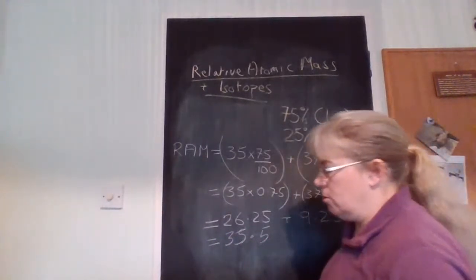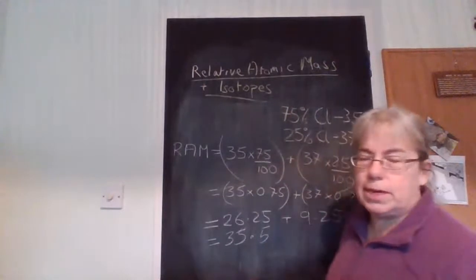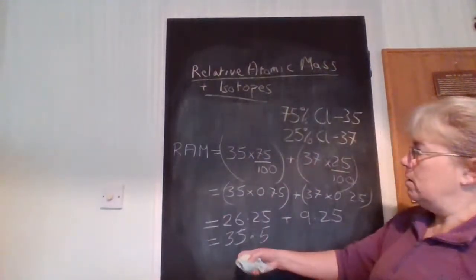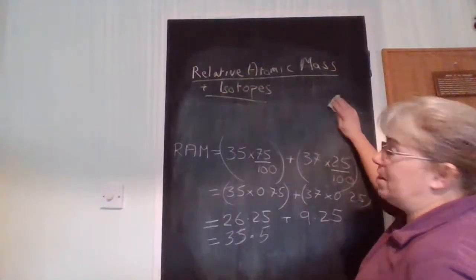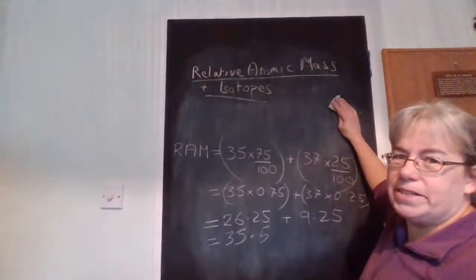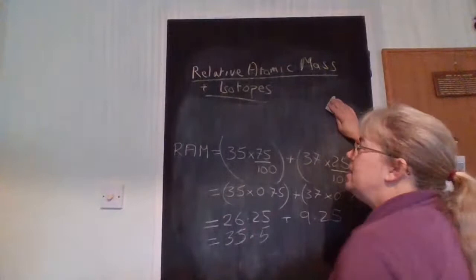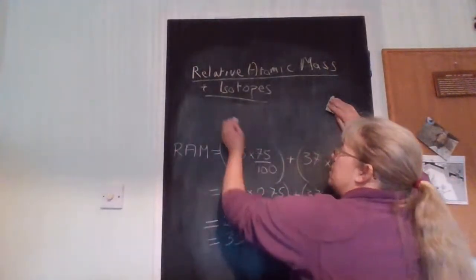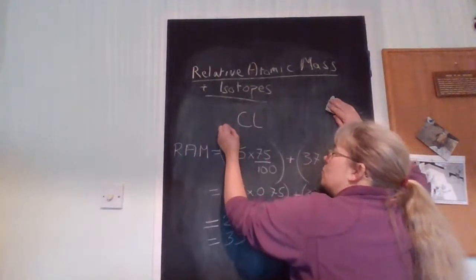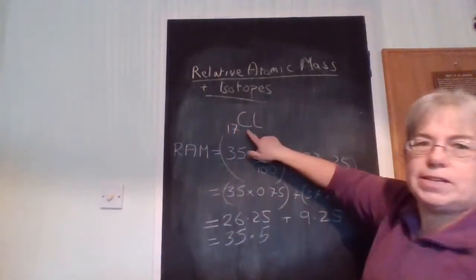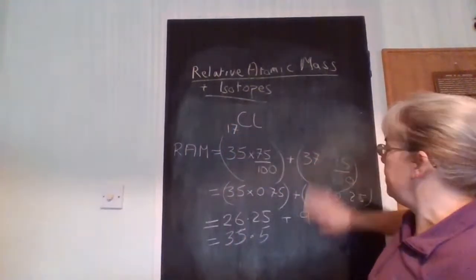And if you look on a modern periodic table, instead of it saying 35, some of the older ones I have seen when I was growing up, we did have very, very ancient ones. But if you look at a periodic table now and look at chlorine, you've got 17 at the bottom, your atomic number.